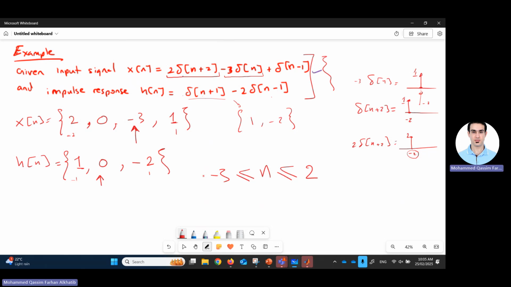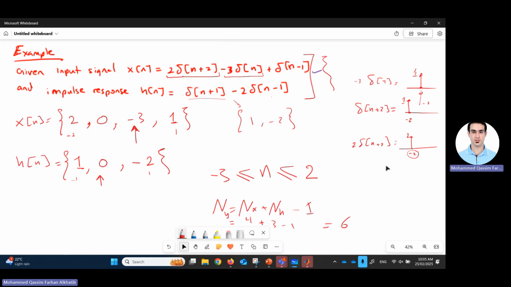How many samples? Nx plus Nh minus 1. So that's Ny. How many samples of x? 1, 2, 3, 4. That's 4 samples. Plus how many samples of h? 3 minus 1. So I will get 7 minus 1, 6 samples at the output. Clear? All right, so let's do the convolution.